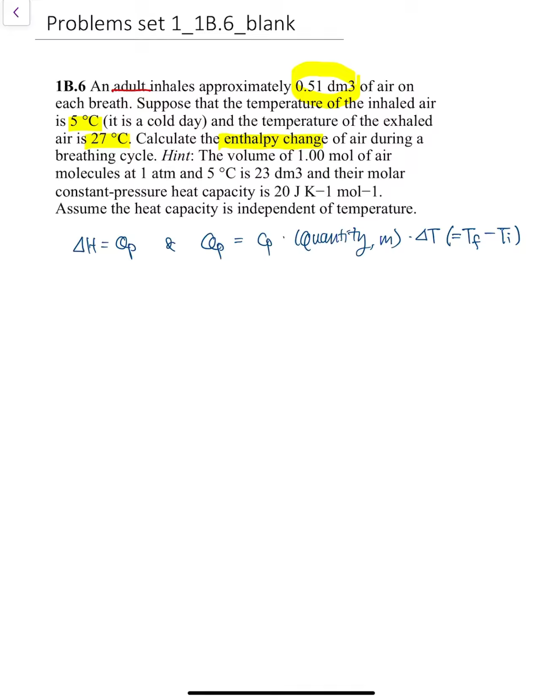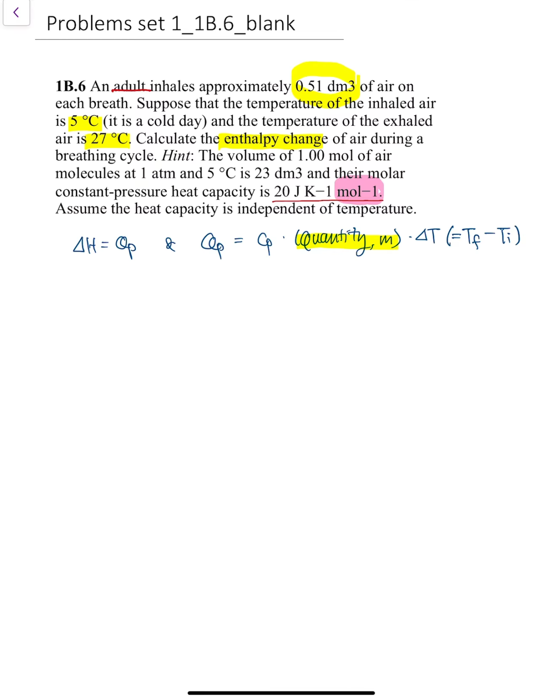Here, you have to also note that this quantity has to match the unit that is used for the heat capacity. Here, we are given heat capacity of 20 joule per K per mole. Therefore, the unit of the quantity is mole.